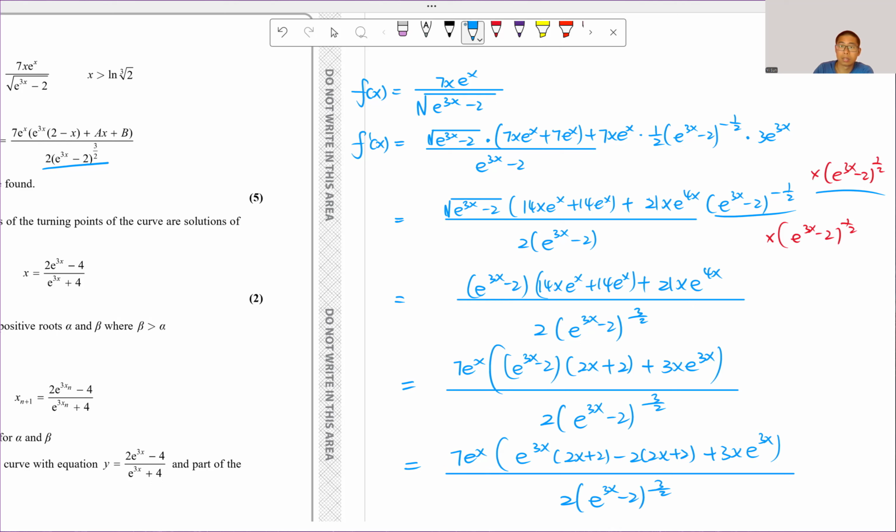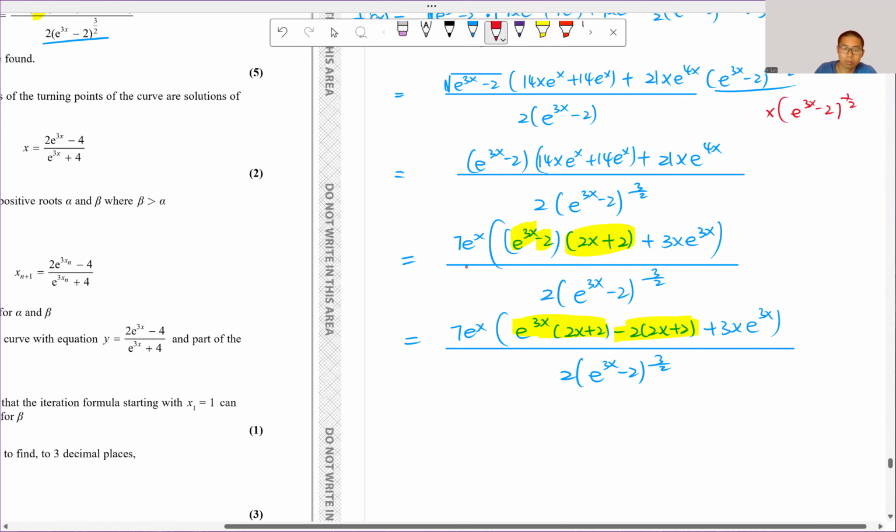What I did is use e^(3x) times the brackets to get this, and then use negative 2 times (2x plus 2) to get this term, because we want to get e^(3x) times something. So that's why I do this.